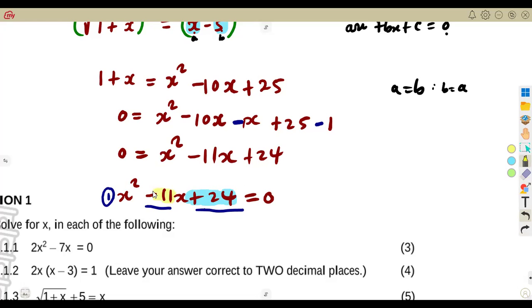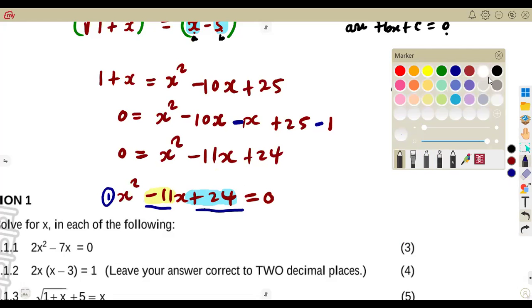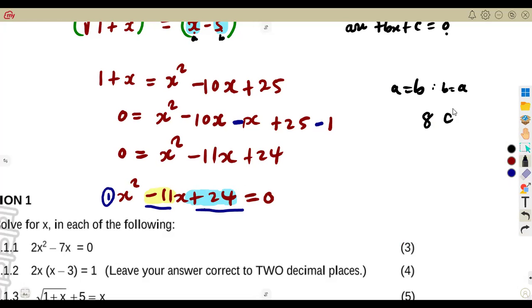Add those two terms, you must get negative 11. There's something about 24 and 11, between 8 and 3. But how can we get positive 24 and negative 11 by adding? So it must be negative, negative here. If you multiply these two, you get positive 24. If you add these two, you get negative 11. So these are the two numbers, minus 8 and minus 3. So guys, you see factorization was going to work.